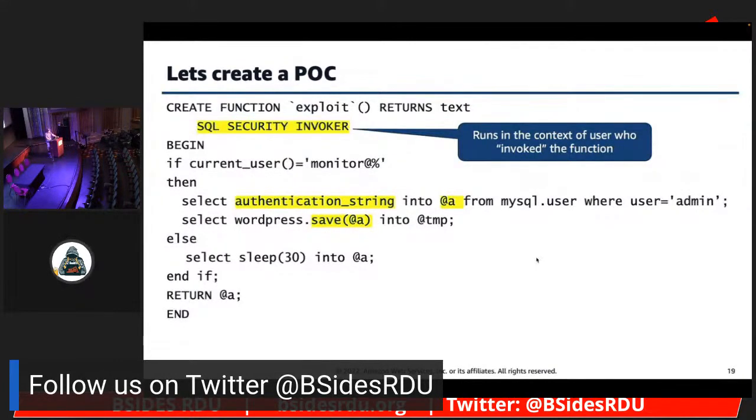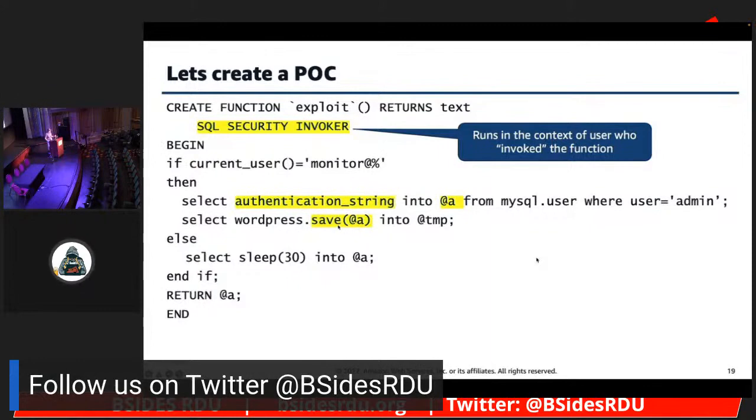Now we can create this proof of concept here. Again, we will use SQL security invoker, so it will run in the context of the user who invoked the function, basically who did the select. Inside of that, we will select the password, put it in a variable, and then pass the variable into another function.